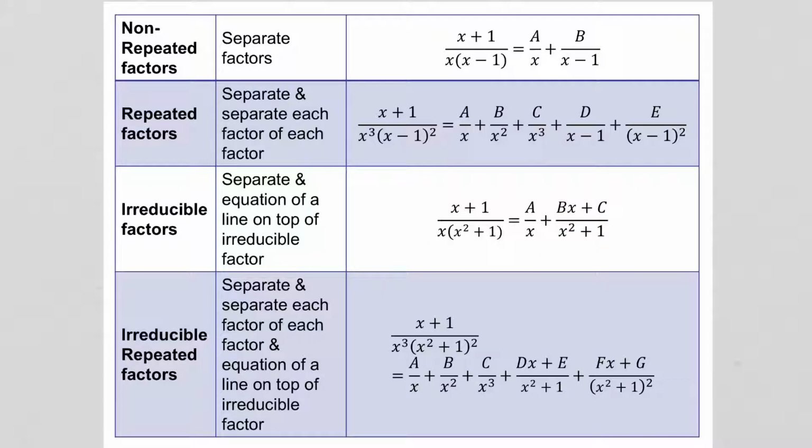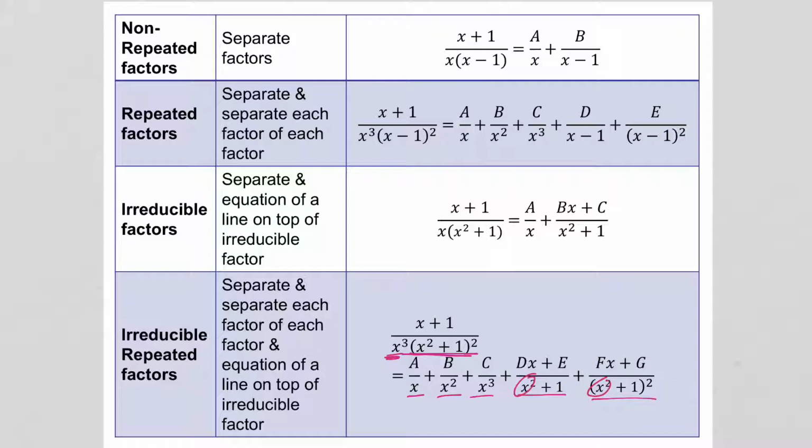And then the last situation is very similar to the second and third put together because we have repeated factors here and here. And this one is also an irreducible factor. So we have every factor of x cubed, x squared, and x cubed, and every factor of x squared plus 1 squared, that's x squared plus 1, and x squared plus 1 squared.